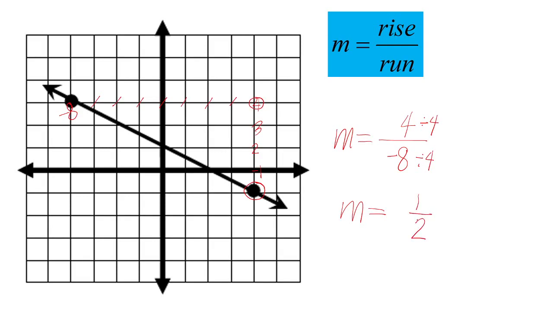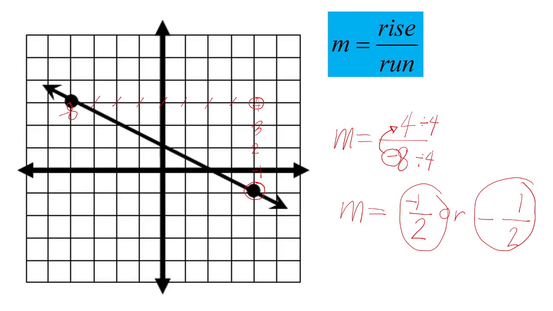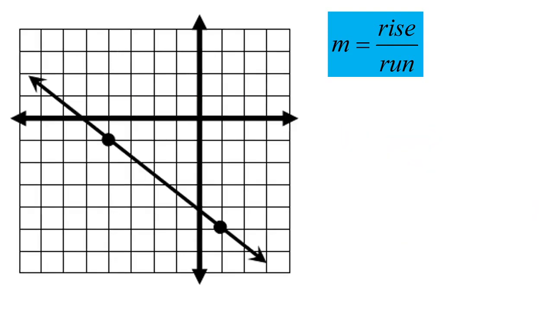Now take note, I have mentioned this. Avoid having a negative denominator. So bring the negative sign up or align it with the fraction bar. So it's either you'll have this answer or you'll have this answer. Questions about example number 2? None. Okay, let's go to example number 3.